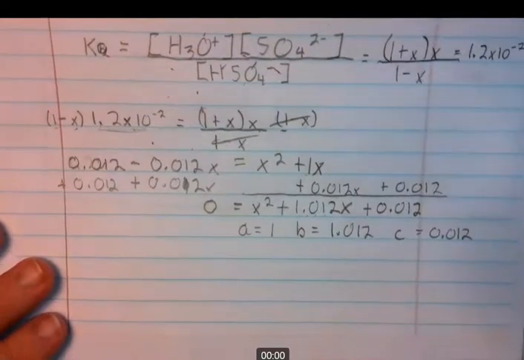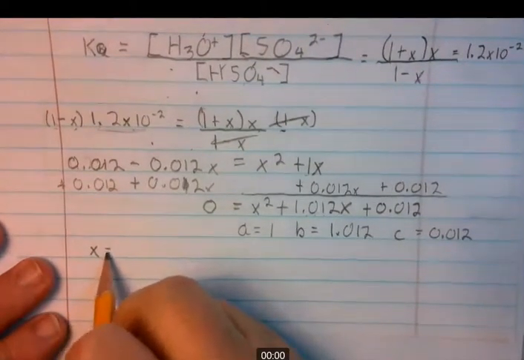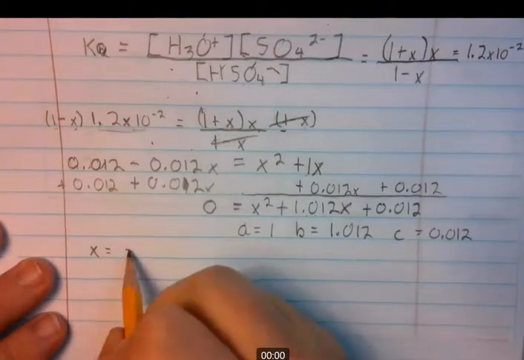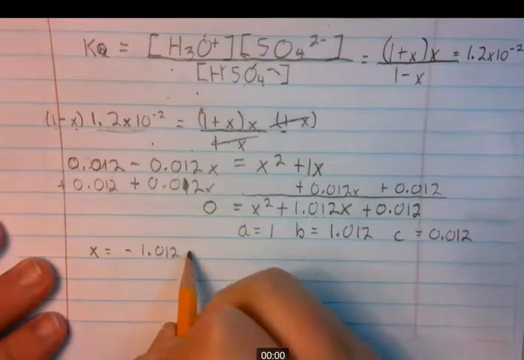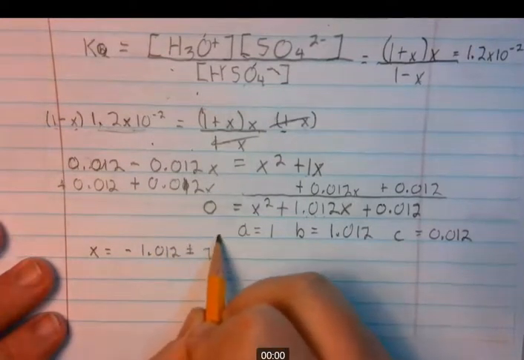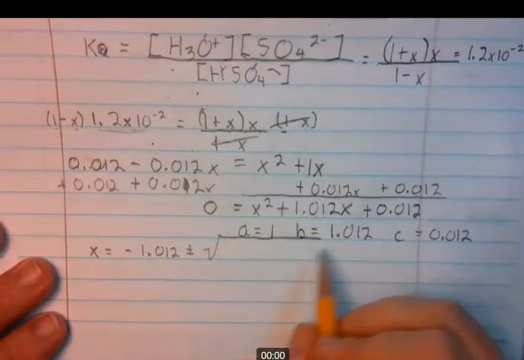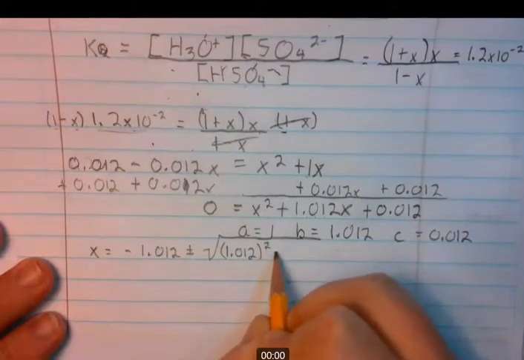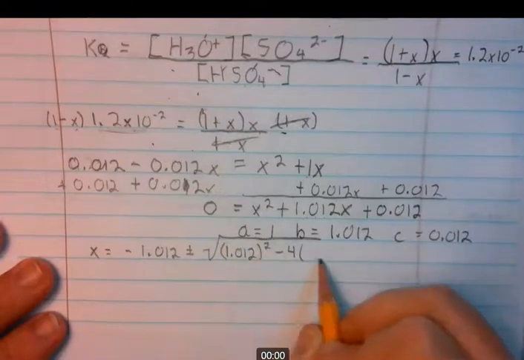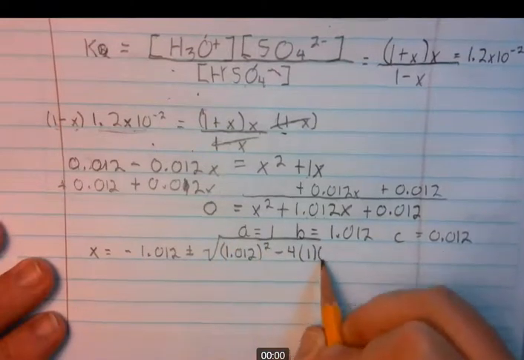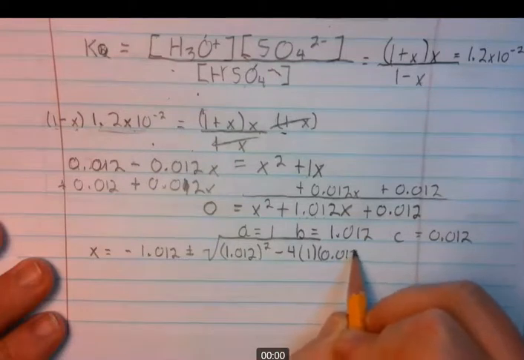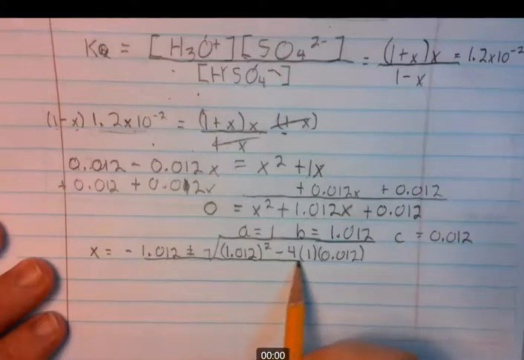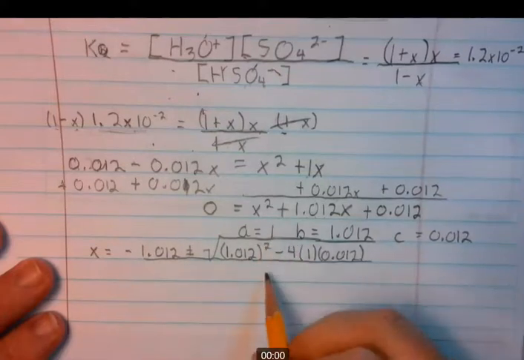Okay, and our solutions x are going to equal, I'll just say the quadratic formula, it's minus b plus or minus the square root of b squared minus 4 times a, which is 1, times c, which is 0.012, and that's all over 2 times a, 2 times 1, which is 2.